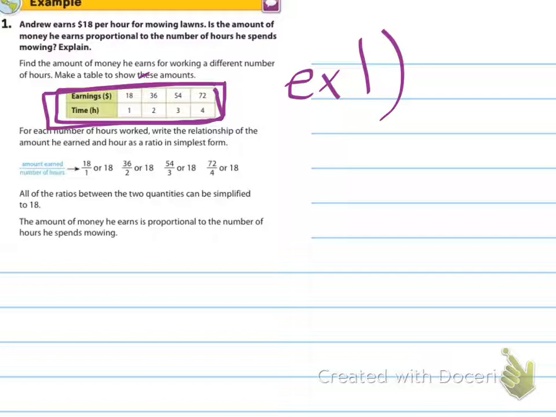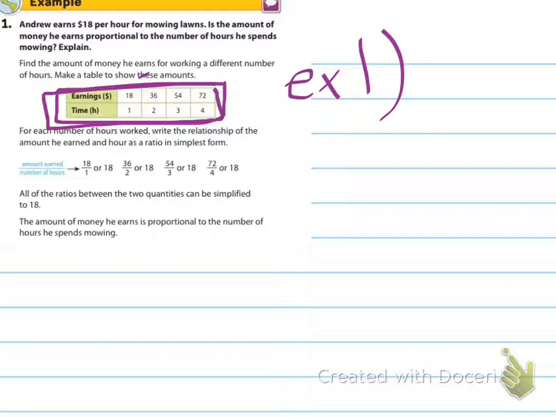So find the amount of money he earns for working a different number of hours and make a table to show these amounts. So for 1 hour he earns $18. He earns $36 for 2 hours, $54 for 3 hours, and $72 for 4 hours. Now, what you notice is that every single one of those would be simplified right back to 18/1, $18 per hour.